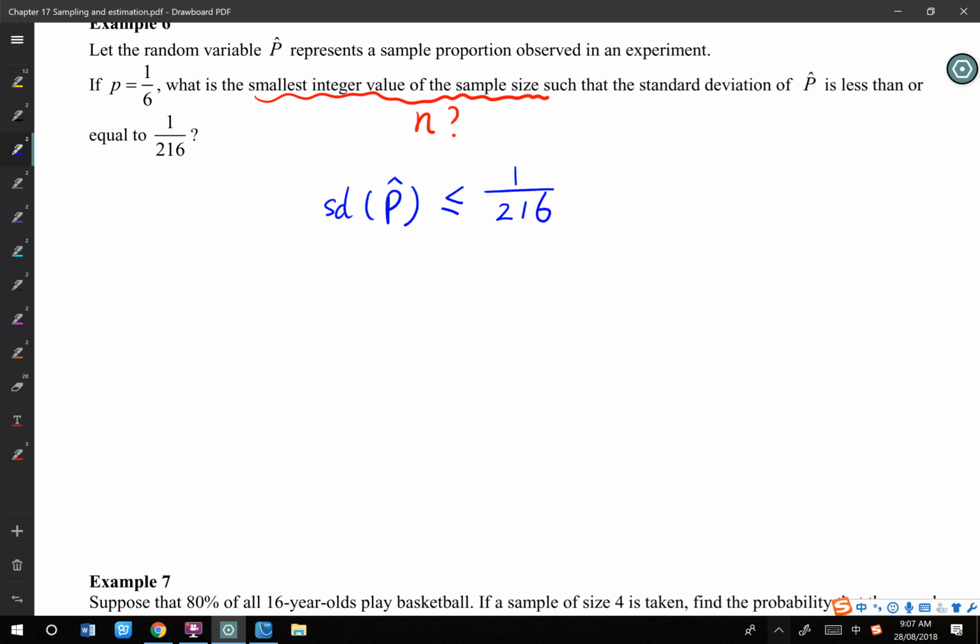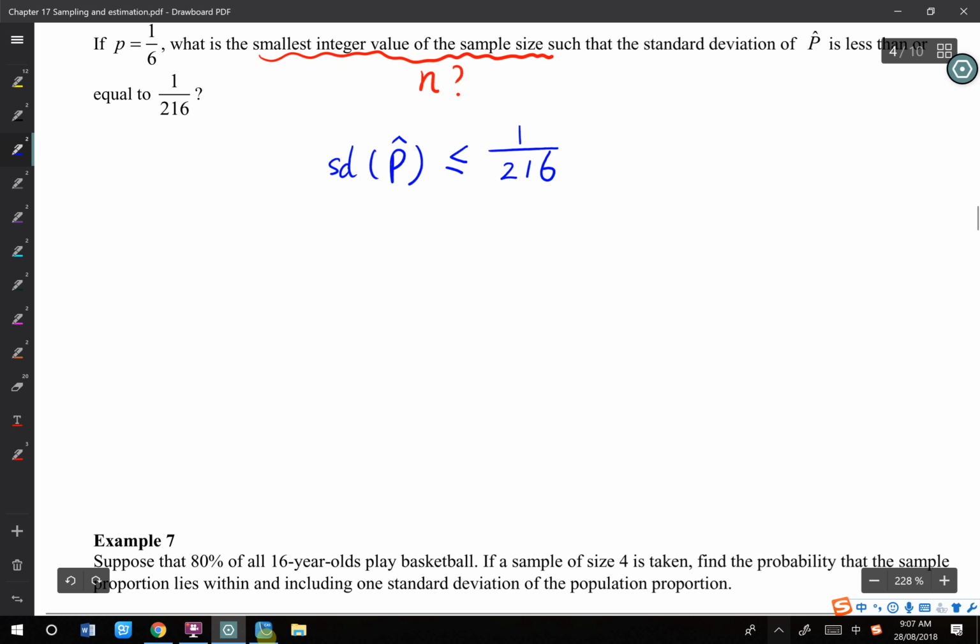My question is, what's the standard deviation of p hat in this question? It's the square root of p times 1 minus p, divided by n, where p is 1/6. So it's the square root of 1/6 times 5/6, divided by n, and that needs to be smaller than or equal to 1/216.